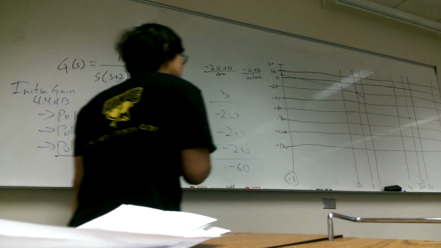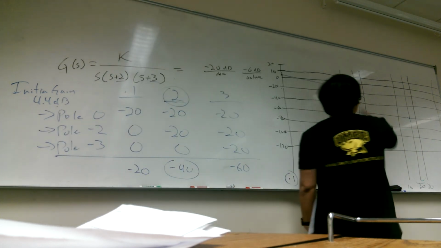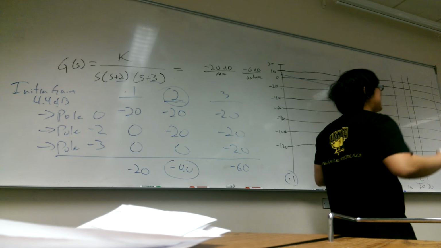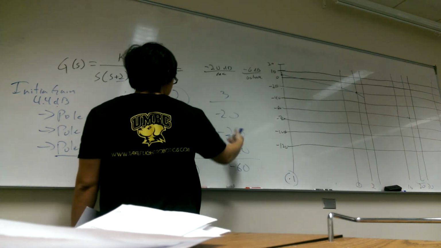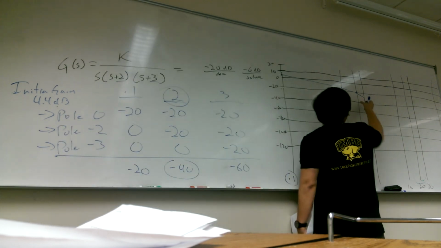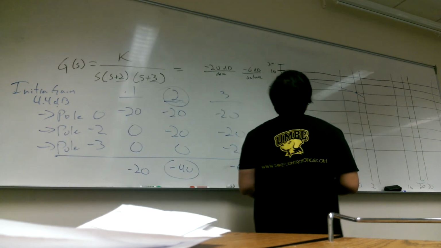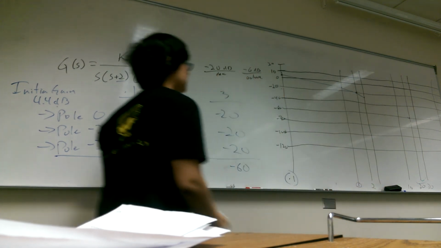I went down by 40 dB and I went across a decade. So that ensures I have the correct slope, and I draw the line across. Once I'm done with that, I erase everything I don't need. I don't need anything after 3, because after 3, it changes to a different slope. So from 2 to 3, we have the correct slope, but anything beyond that doesn't matter. So we draw our next reference point like that.